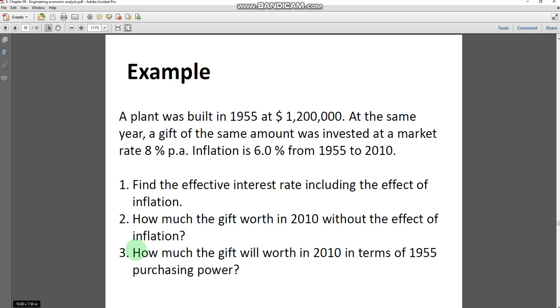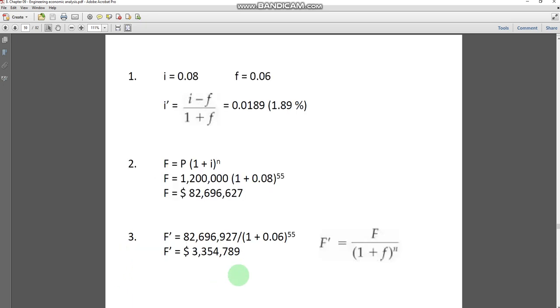Now the third part: how much will the gift be worth in 2010 in terms of 1955 purchasing power, okay. When it comes to the purchasing power, then you have to consider the inflation also. This is an equation that we can use for the inflation also, that will represent the actual purchasing power. Here F dash is the future purchasing power that you are going to calculate, the future value that we have just calculated without including the inflation, divided by 1 plus F with the power n.